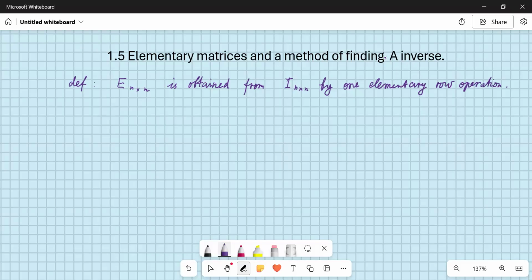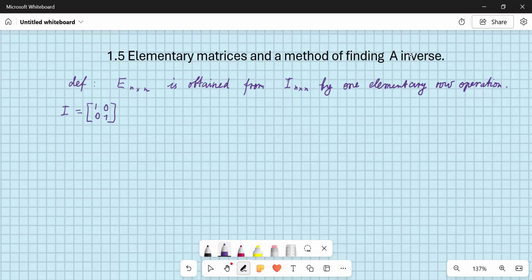I'm going to show how it works on different examples, but I'm going to consider 2 by 2 examples. It's going to be a little bit easier to write them down. So for example, the 2 by 2 identity matrix is going to look like 1, 0, 0, 1, right?